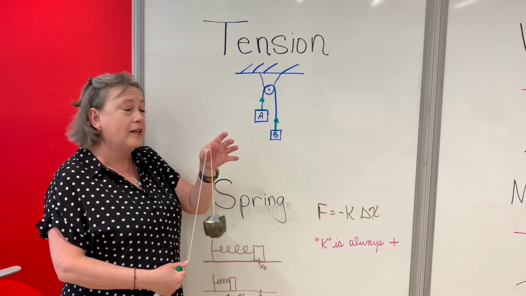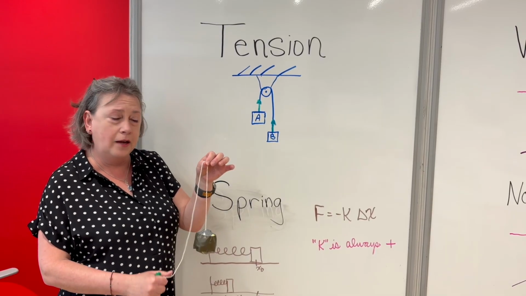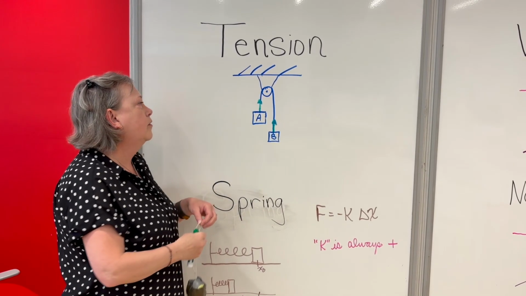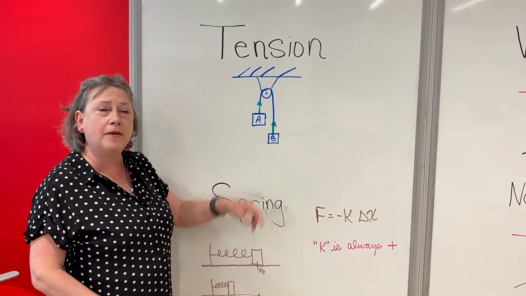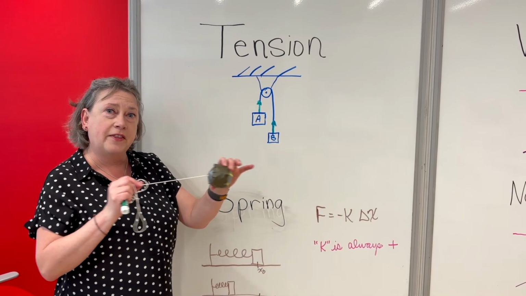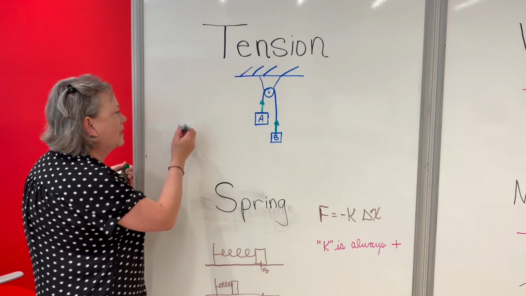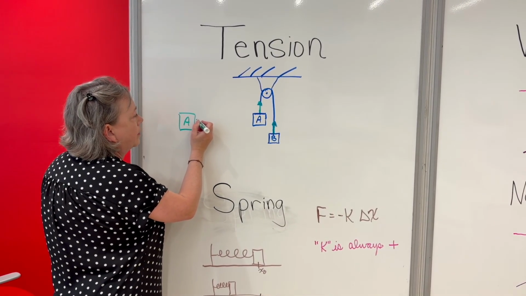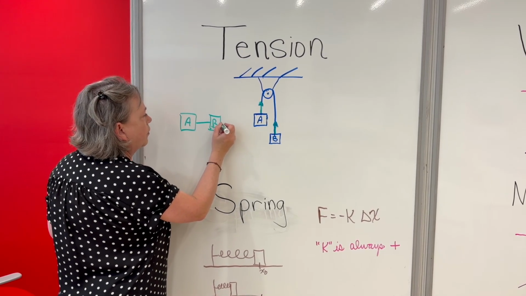Another thing that we'll have to make sure we remember with tension is it always points away from the object. So the tension vector for A is up, and it is also up for B. If I had drawn this differently, and we'll do some problems like this, but let's suppose I had 2 boxes that were attached with a rope.